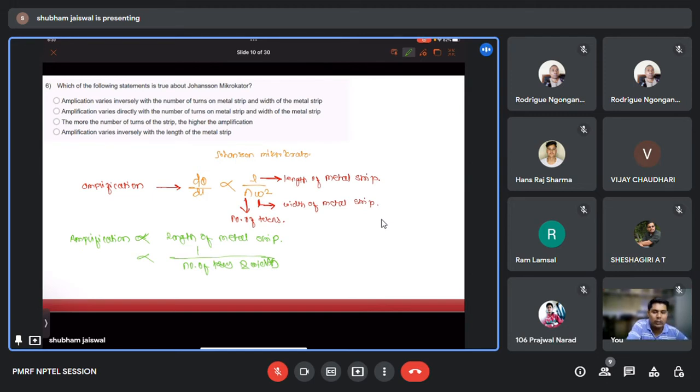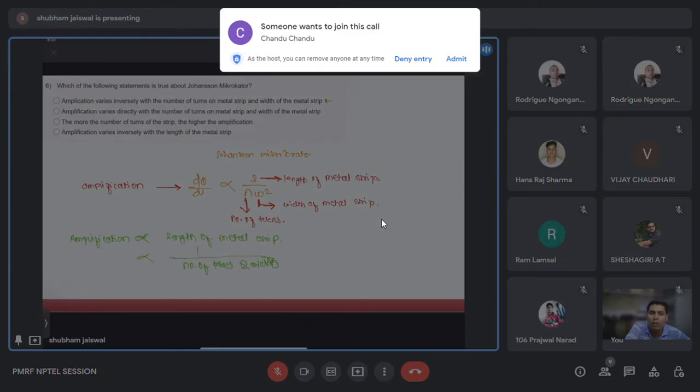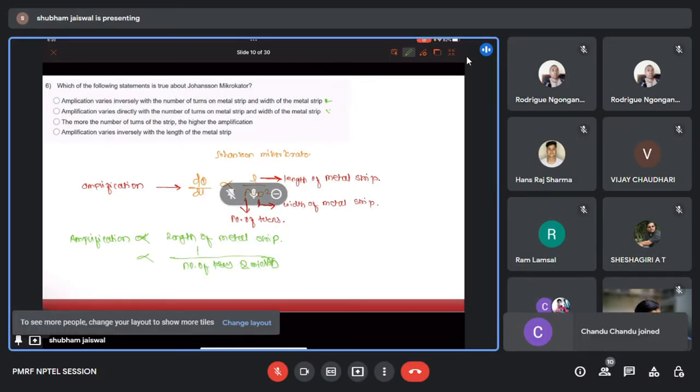So that is the first one. The amplification varies inversely with the number of turns on the metal strip and the width of the metal strip. This one is correct. The amplification varies directly with the number of turns on the metal strip and the width of the metal strip. This one is wrong.